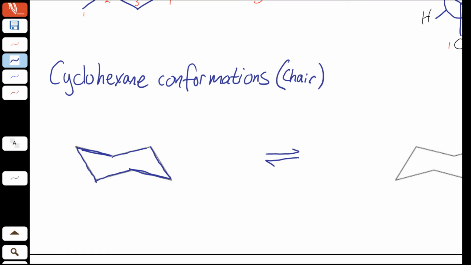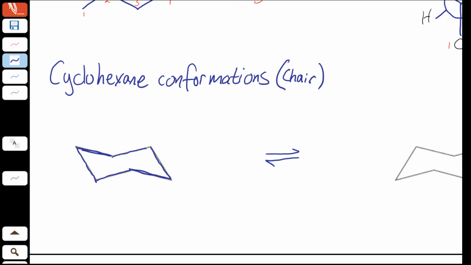The way that works is if we take our first conformation, this left corner is going to flip down, and then the right corner flips up, and we have the other one. If you grasp your model from the two corners, you should be able to flip it back and forth like that.